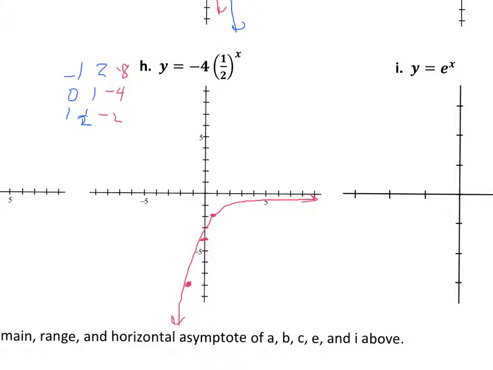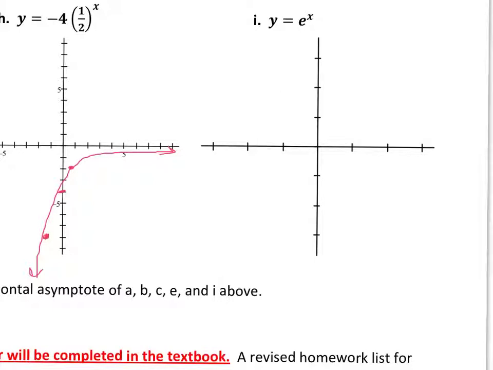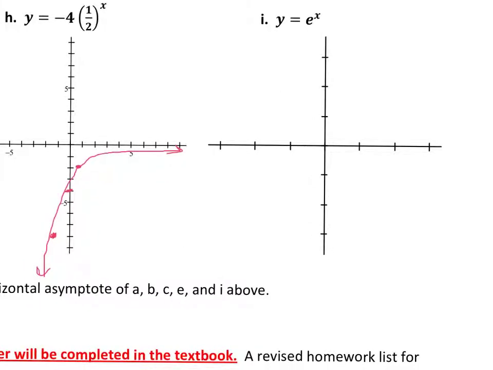We all right so far? Okay? Yeah, it takes a little bit of getting used to, but once you do, you're in good shape. Okay, so now e to the x. So negative 1 and 1 over e, 0 and 1, and 1 and e.